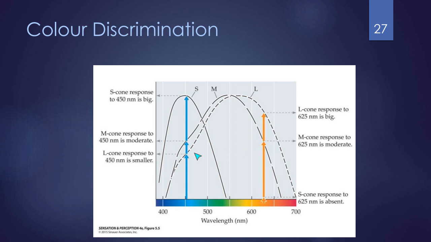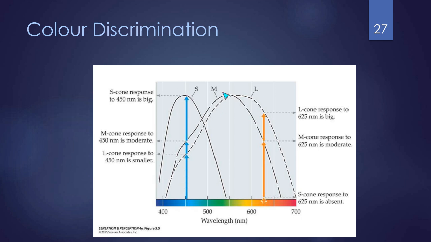So if we have this additional input from our S cones and our L cones, now our visual system doesn't have to rely on this ambiguous input right here. It can rely on the fact that, whatever the particular wavelength of light we're looking at, the S cone is showing a large response to this wavelength.